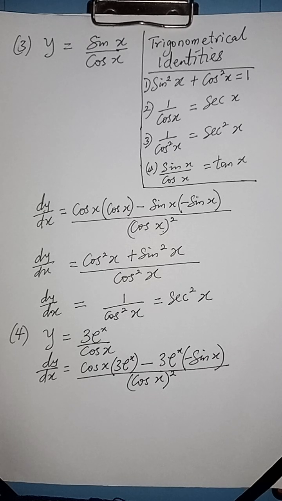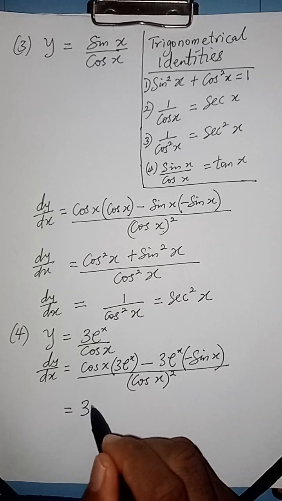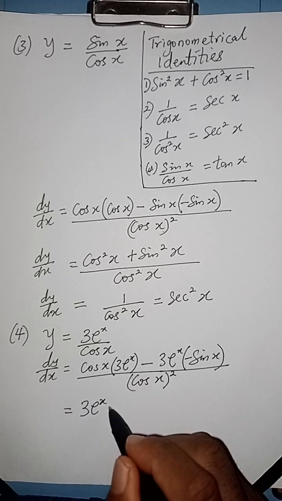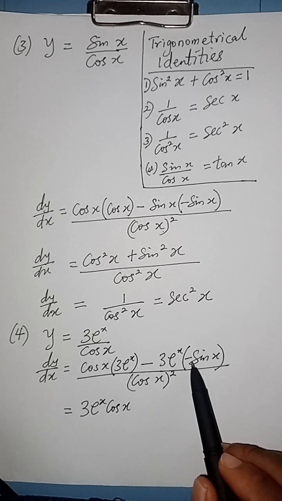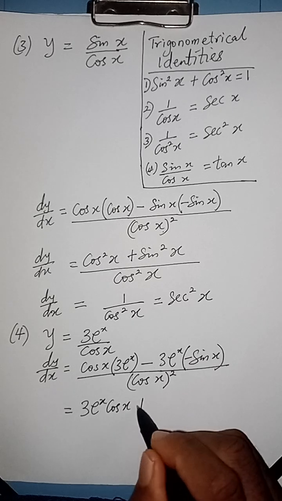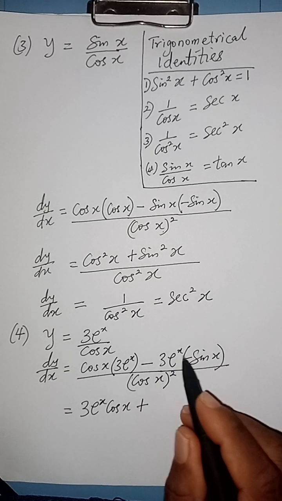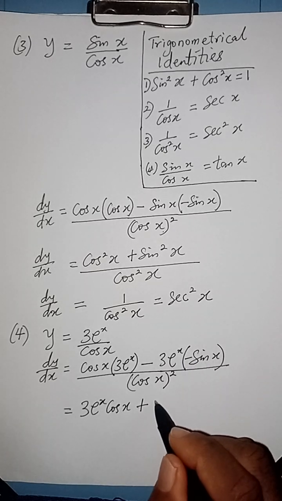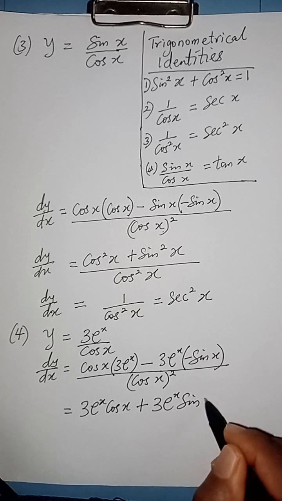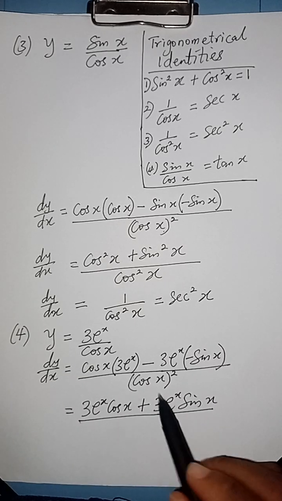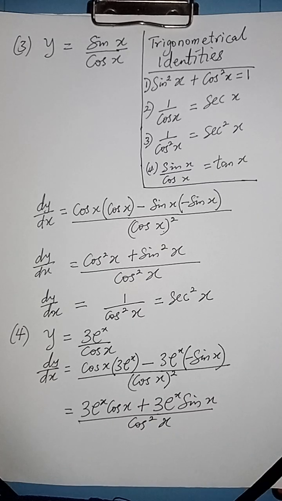Now, this will be 3 exponential x cos x, minus times minus is plus, and then 3 e raised to x times sine x will give you 3 e raised to x sine x. What is cos x all squared? It is cos square x.